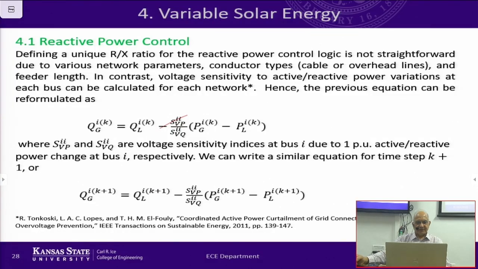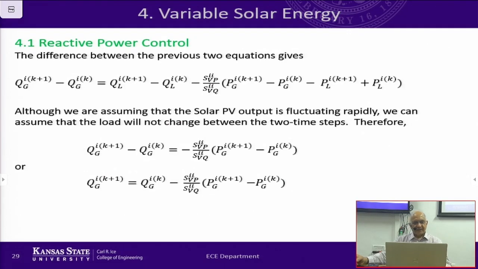this next step. This is at time k, and this is at time k plus 1. We have two equations, and then we take the difference between the two, and the equation becomes the following. And then solar PV is fluctuating.